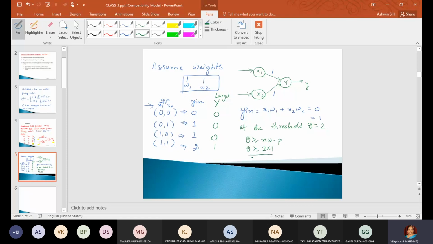Even using this formula, you can find out the threshold value, or else just by comparing the determined y in and the target y, you can conclude what the value of the threshold should be. So from this example, we have got the threshold value is 2.